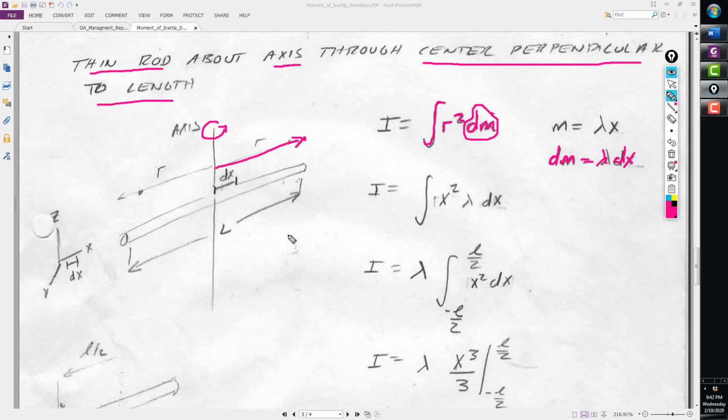When we get to gravitation, we'll see that r is simply the distance between the centers of mass. But in this case, it's pretty simple to see that we're moving along that axis. So r is going to equal x. When we substitute these over, the dm becomes lambda dx, and the r squared becomes x squared.